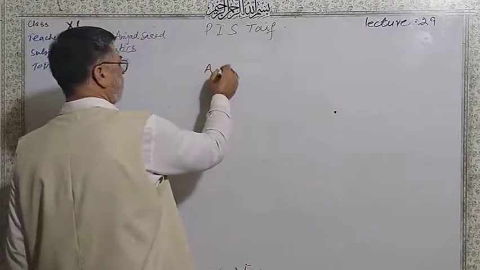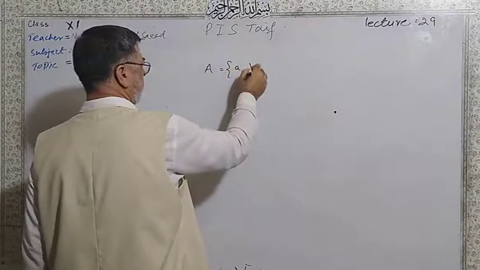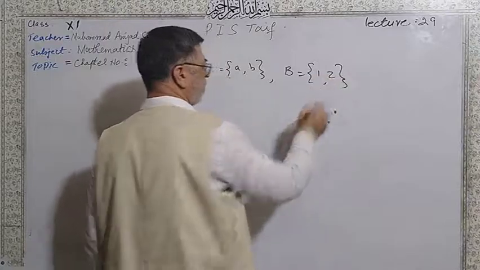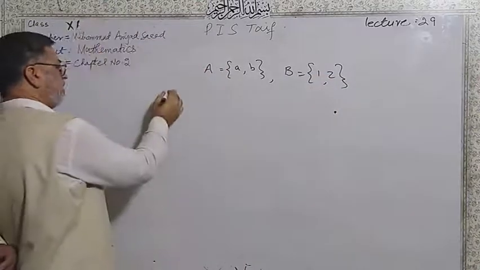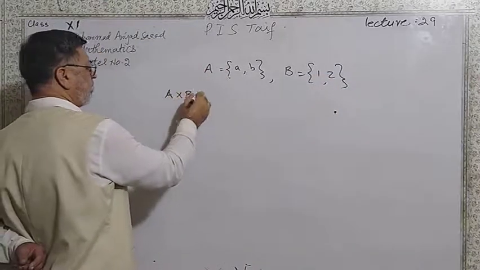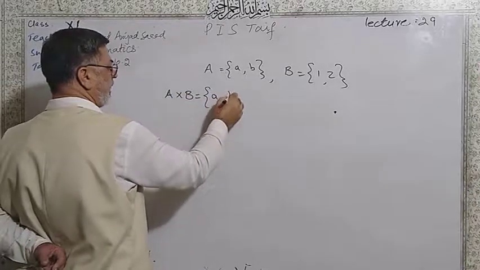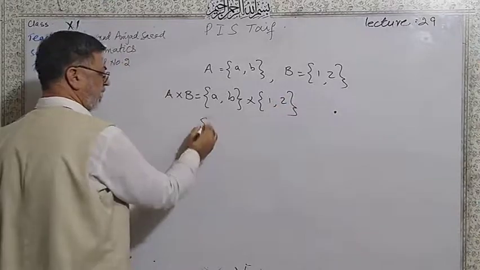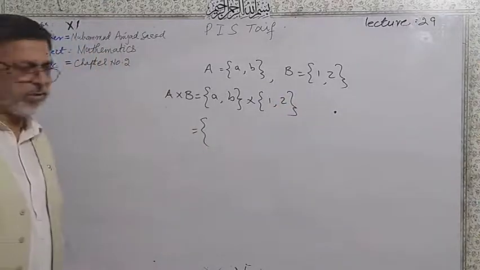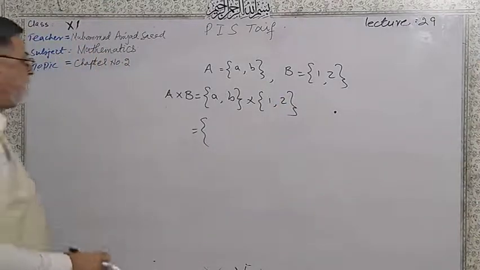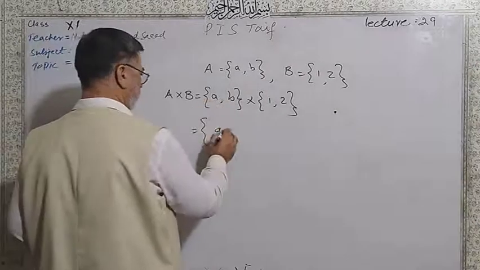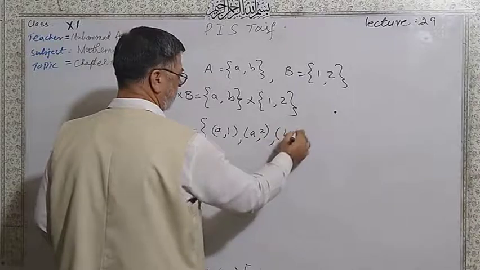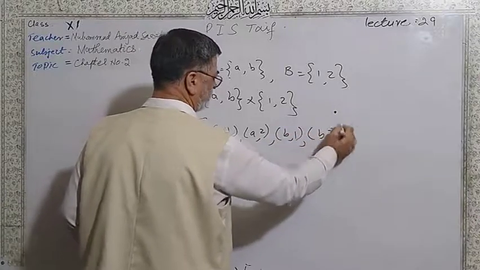If you have set A equal to {a, b} and B has 1 and 2, first of all you will take the Cartesian product A cross B, that is (a,1), (a,2), (b,1), (b,2).